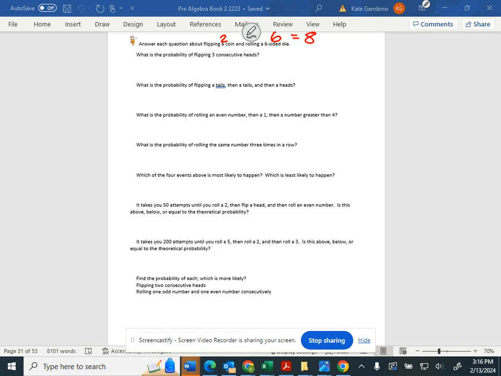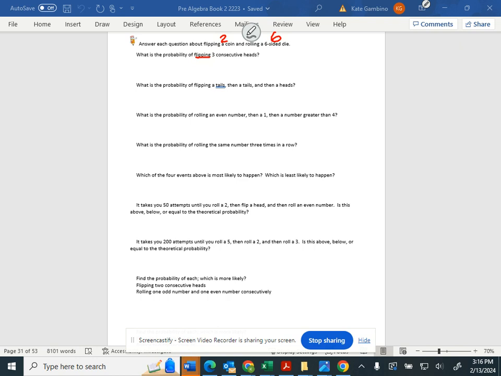Our first question says, what is the probability of flipping 3 consecutive heads? We are just flipping coins for this one, so we don't need to worry about the total of 8, because that's not what we're doing. We're flipping a coin 3 times.